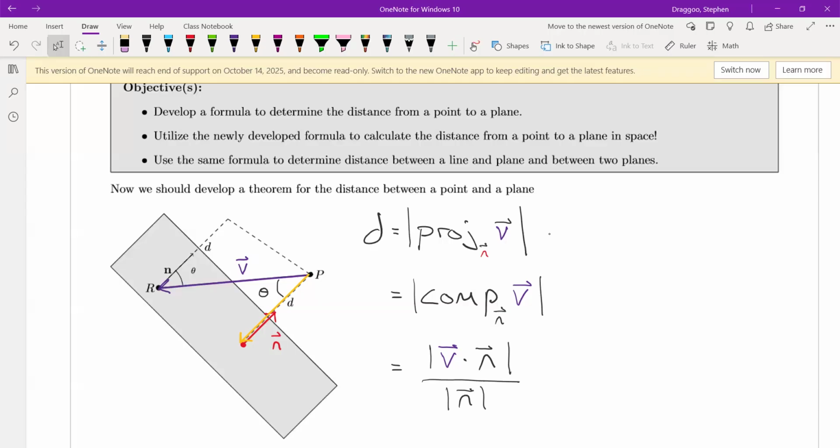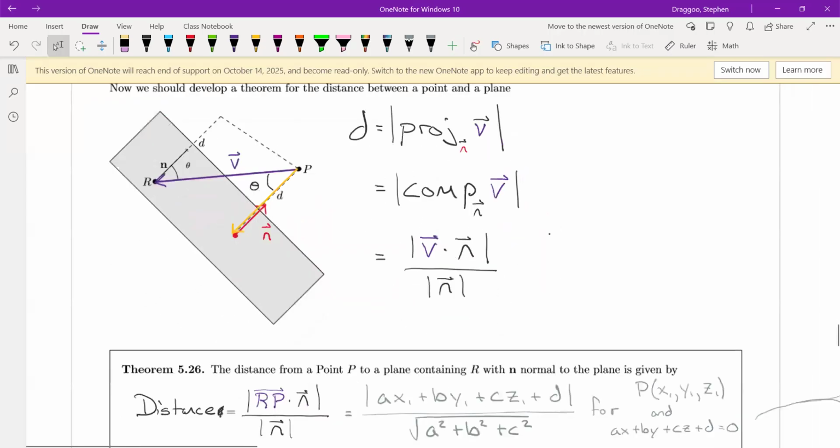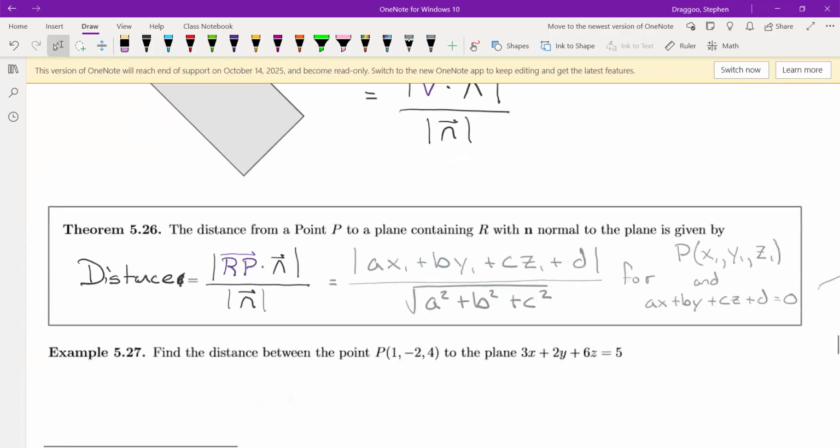So I really just needed the unit normal vector. The normal vector's direction shouldn't matter to us, which means if I want to construct that distance in terms of some point P and a plane containing R with a normal vector N, it's just the dot product of RP and N divided by the magnitude of N.